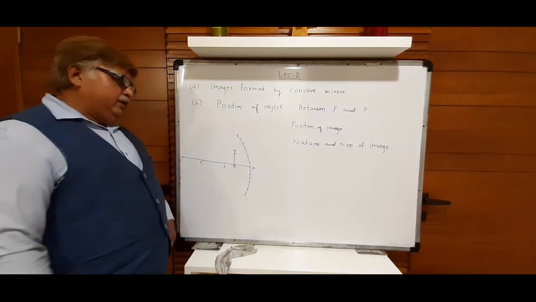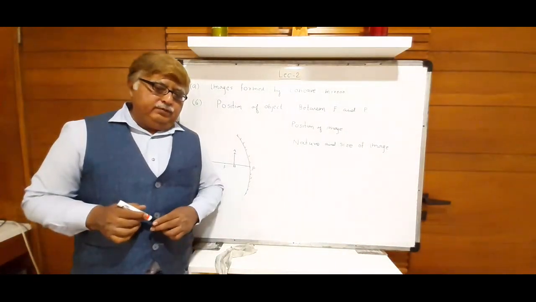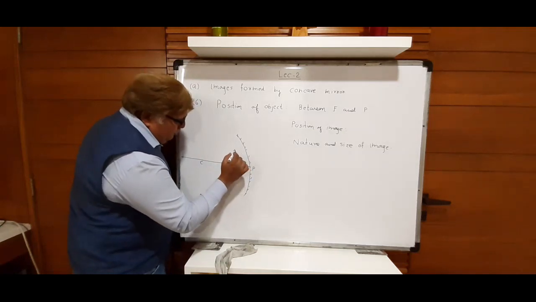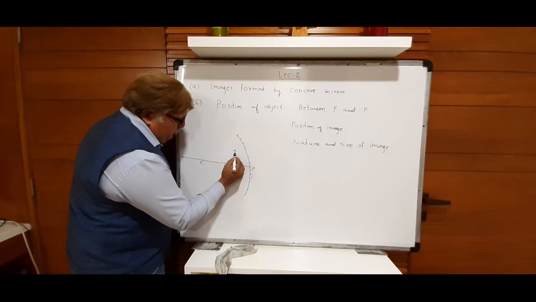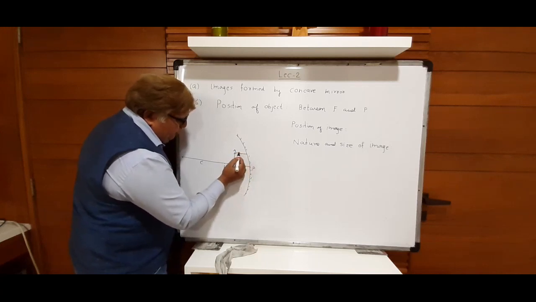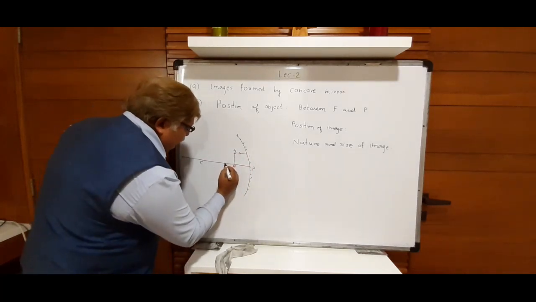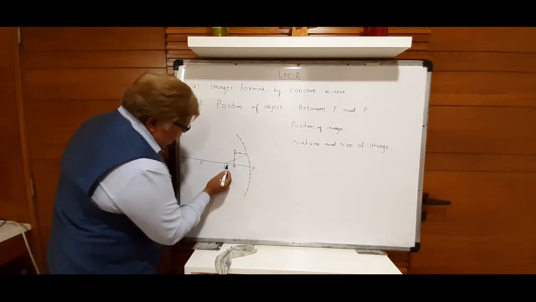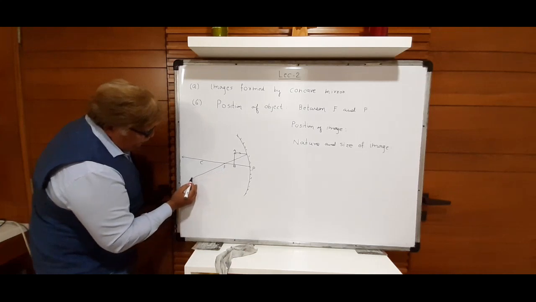Now, how can we construct the image and how can we understand it? The first ray, as you all know, is passing parallel to the principal axis, and after reflection will pass through the focus. So this is the first ray.